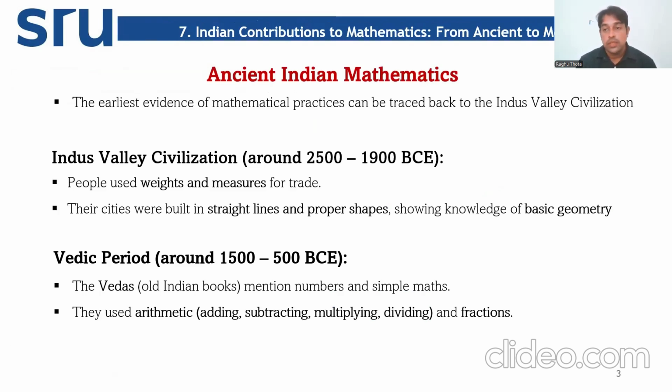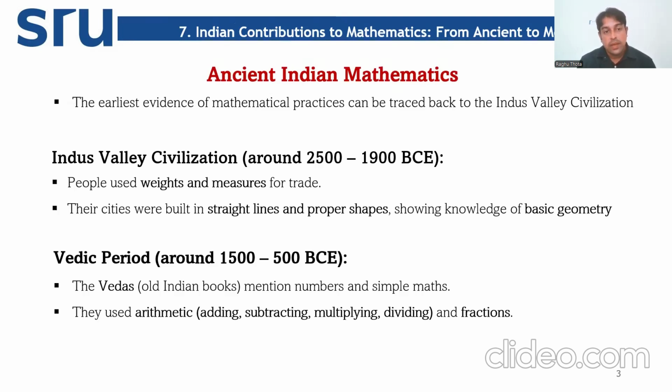You might have heard about this Indus Valley Civilization during your school timings, especially in social studies, or especially history. In Telugu, we call it Sindhu Nagarikata. So the practices of mathematics have been traced from Indus Valley Civilization, which is around 2500 to 1900 BC.